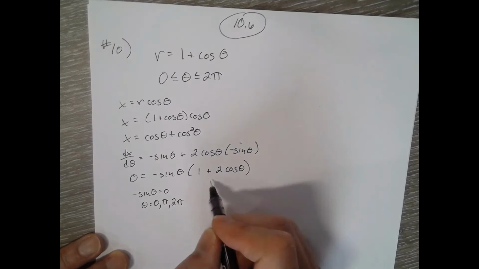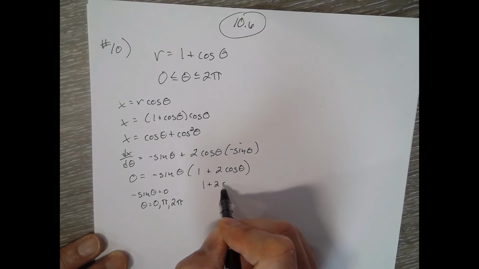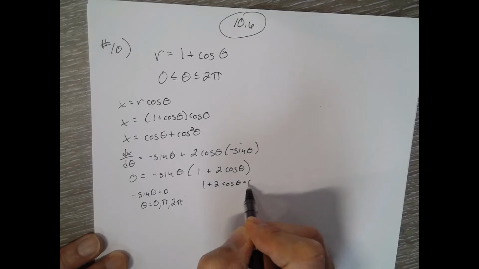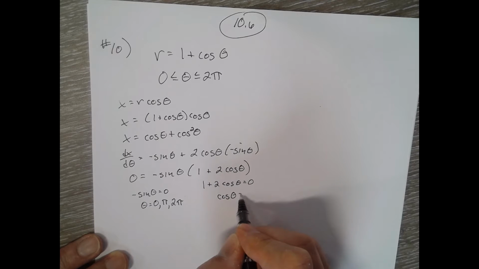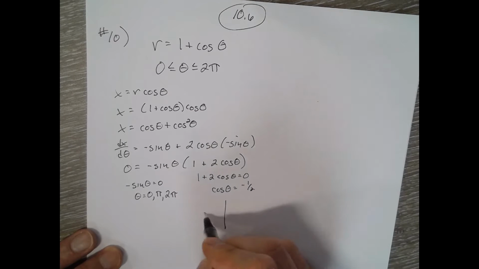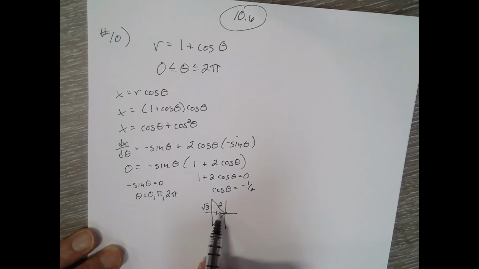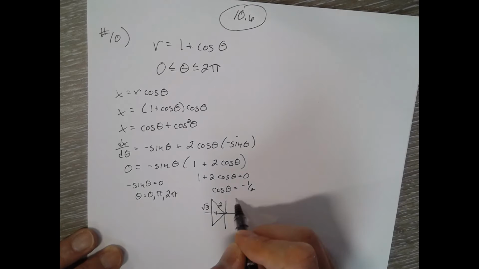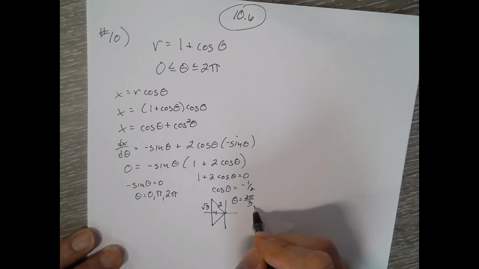We'll set this other factor equal to 0 and solve. So cosine theta equals negative 1/2. Where is cosine negative 1/2? It's in quadrants 2 and 3. So that's 60 degrees, so 120, or 2 pi over 3 and 4 pi over 3.